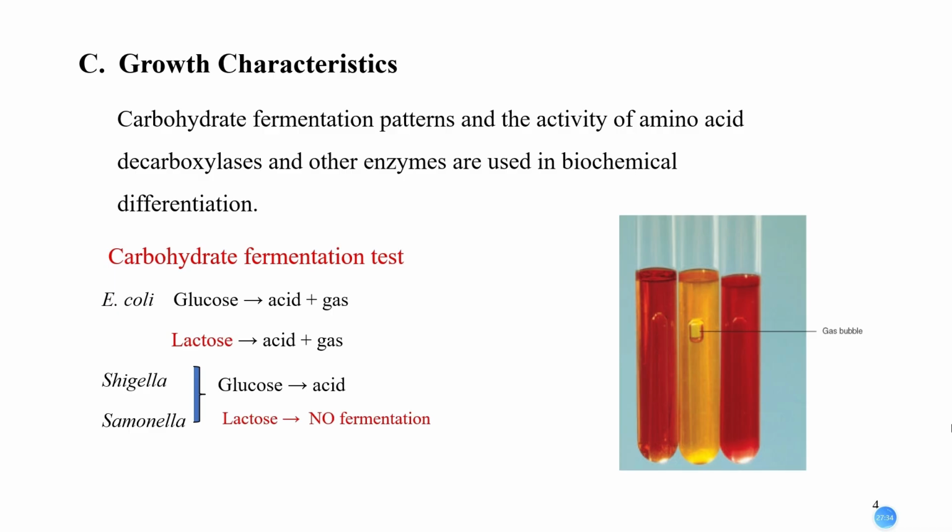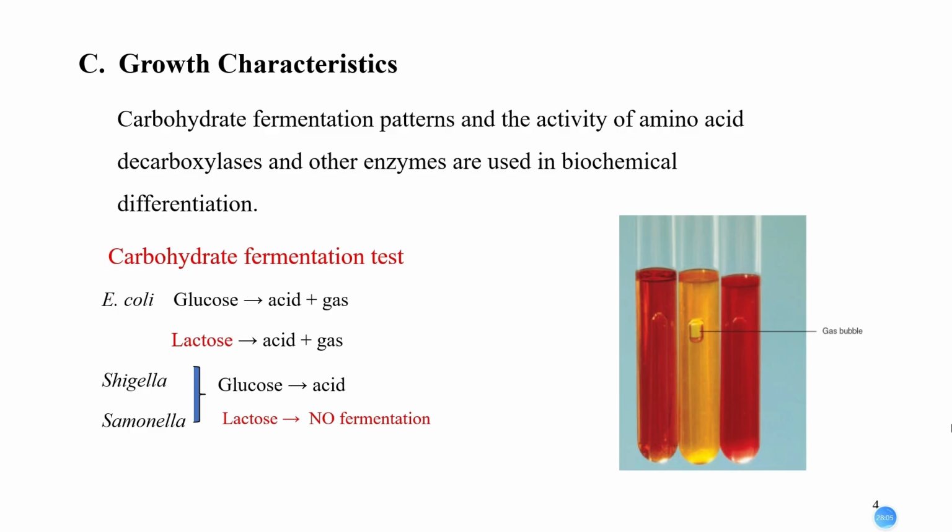And this tube can tell you the products of the fermentation. For example, when E. coli utilizes glucose and lactose, it's able to produce acid and gas. When there is acid production, the pH will get lower, so that the pH indicator would turn color from red to yellow. So that's how the pH indicator works.